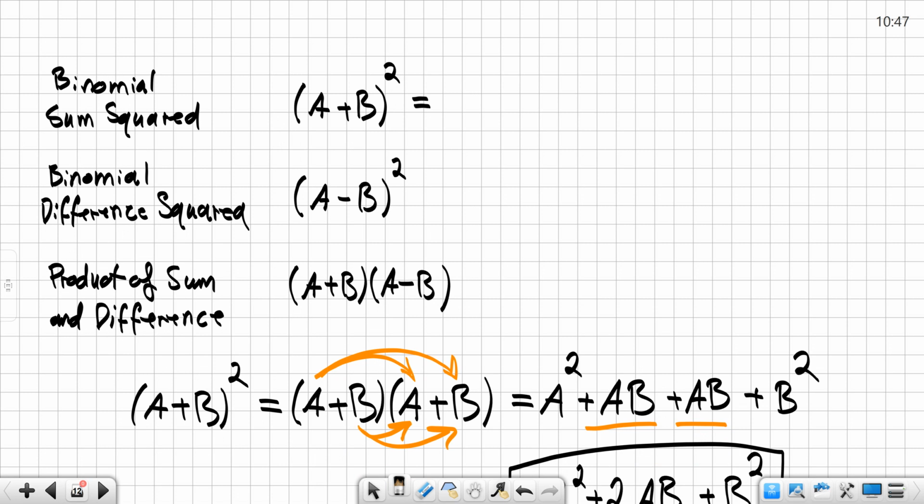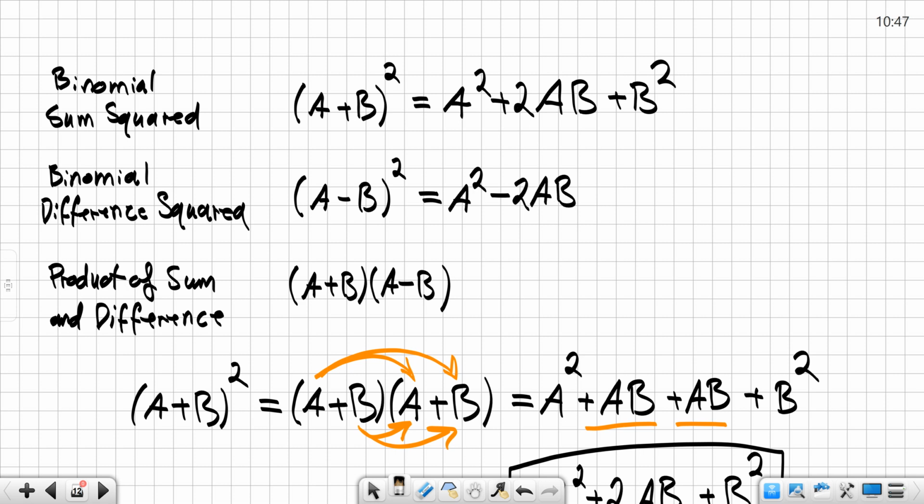And that means the product of the terms times 2 plus the last one squared. I can do something similar with subtraction, and it looks almost identical, but there is a negative instead of a positive in the middle.